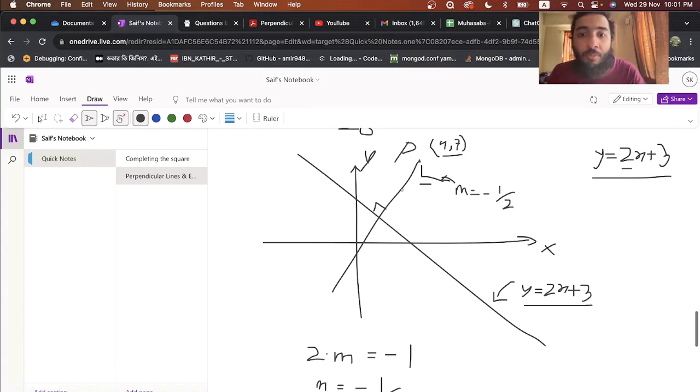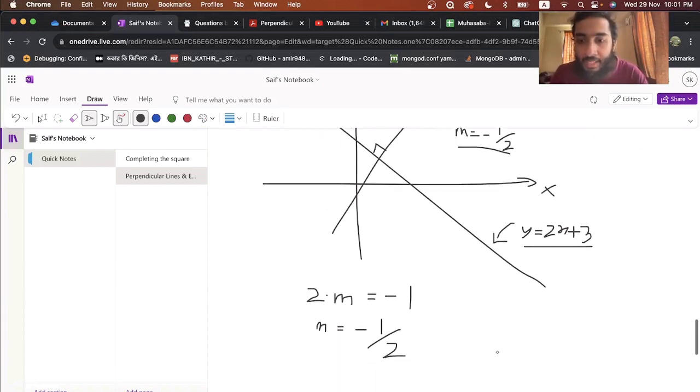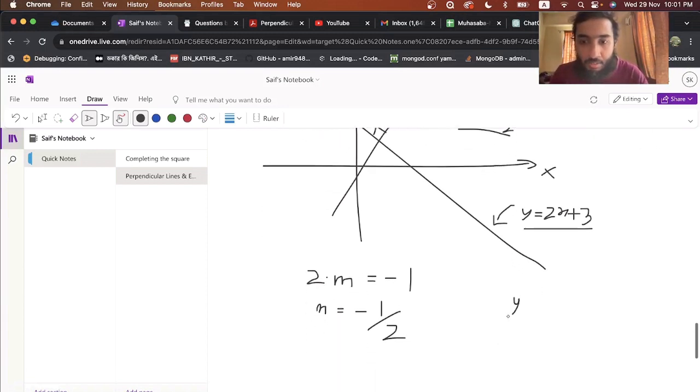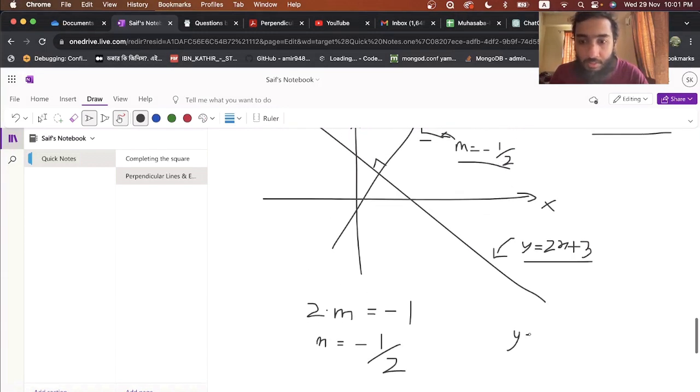We know the slope, and we know L passes through the point (4, 7), which we identified as P. So we can write the standard equation y equals -1/2 x plus a constant c.